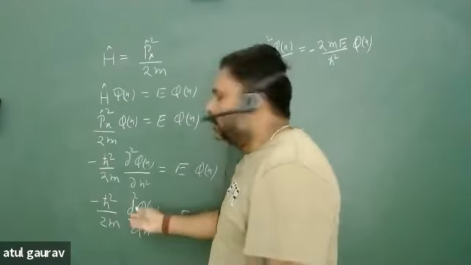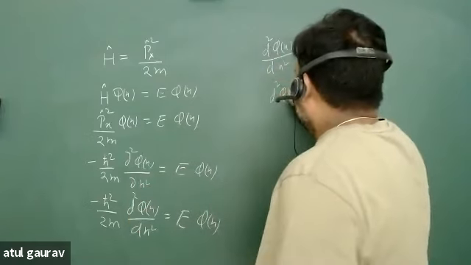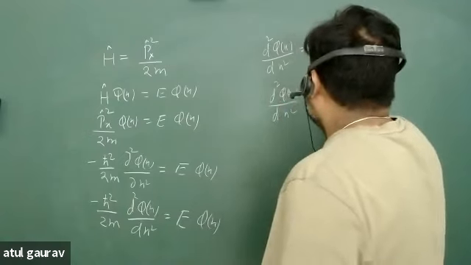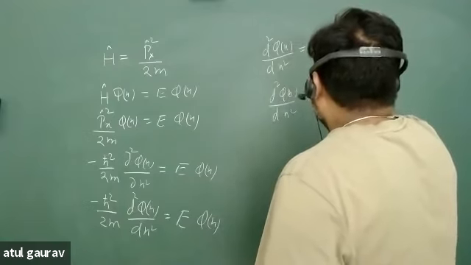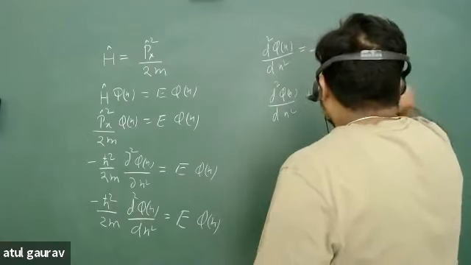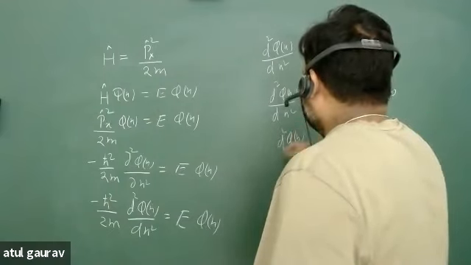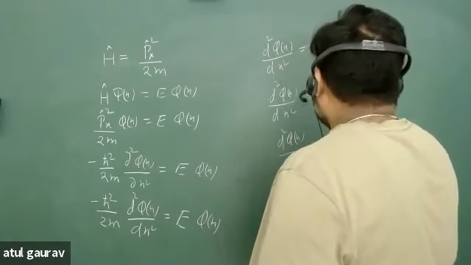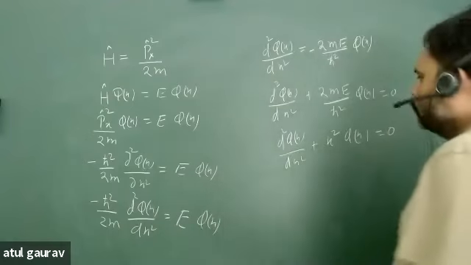I can change del to d because only one variable is there, so there is no mathematical mistake. So d square phi(x) upon dx square plus 2mE upon h cut square phi(x) is equal to 0. I can write this as d square phi(x) upon dx square plus k square phi(x) is equal to 0.